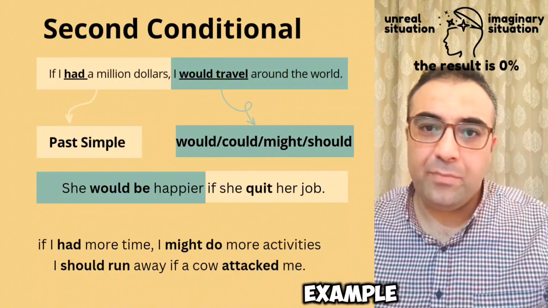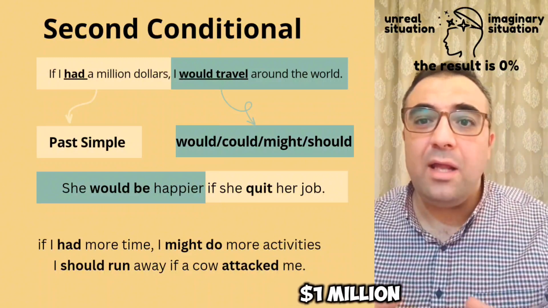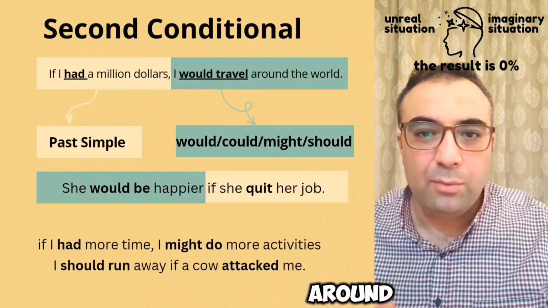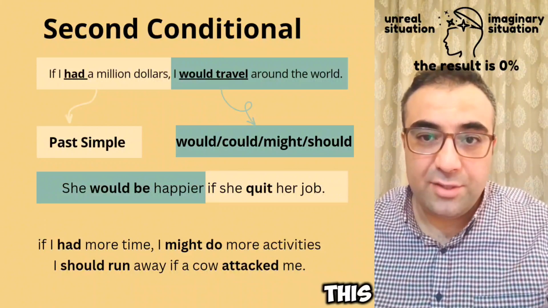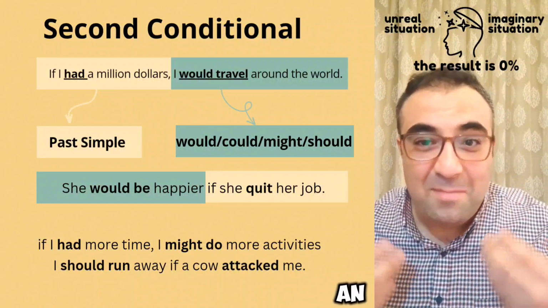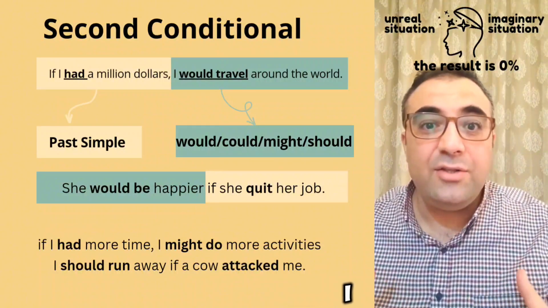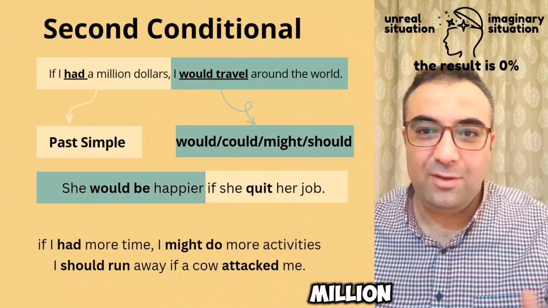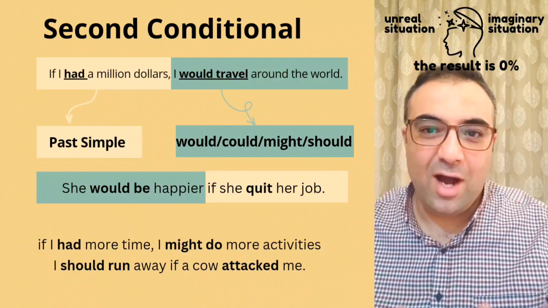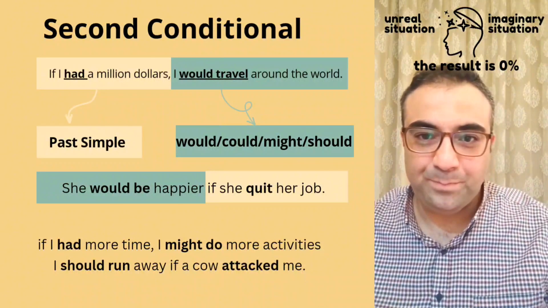For example, if I had $1 million, I would travel around the world. This situation isn't real. It's an imagination. I don't have $1 million to travel around the world, so I just imagine.